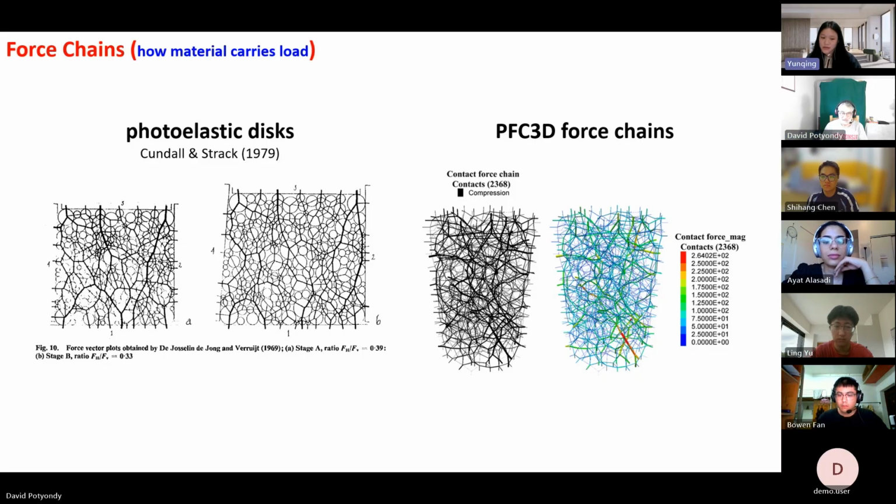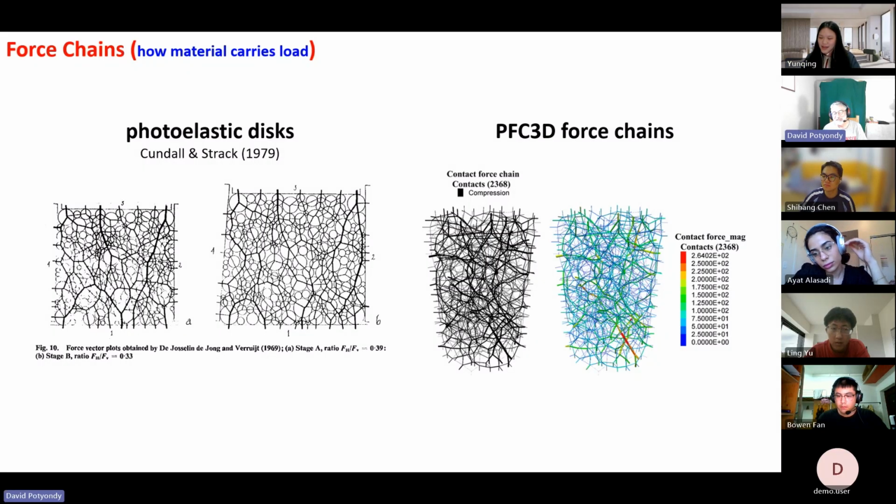Well, draw it, or because you mentioned that when we use the method to calculate the force chain, it's very likely to the real force chain. But how could we know the real one?